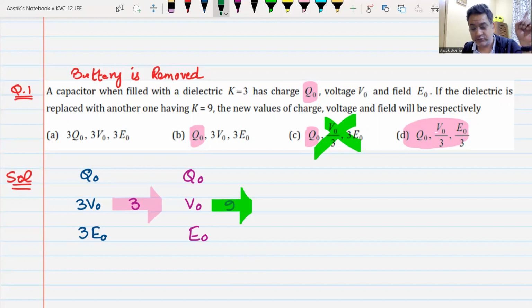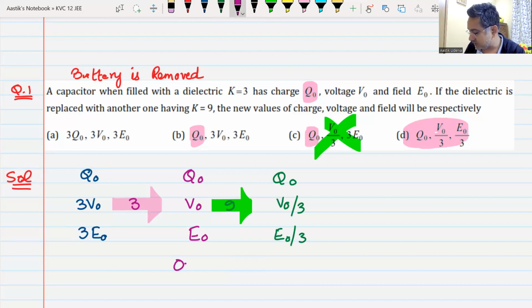From the original value, it will become 1 by 9 times. So from the new value, it will become 3 V naught by 9, which is V naught by 3. And this will become E naught by 3.